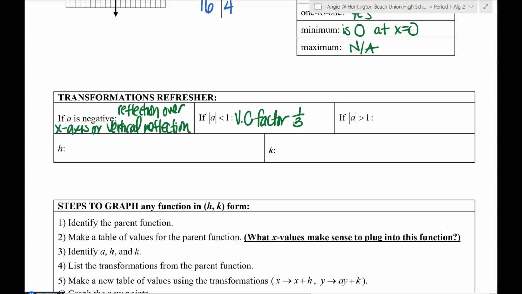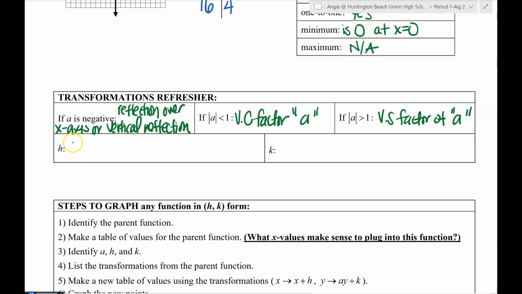If it's 9/10, then it's a vertical compression of 9/10. If it's bigger than 1, it's a vertical stretch factor of, oops, why do I write 1/3? I meant whatever that is, factor of A. Okay, all right, so H.